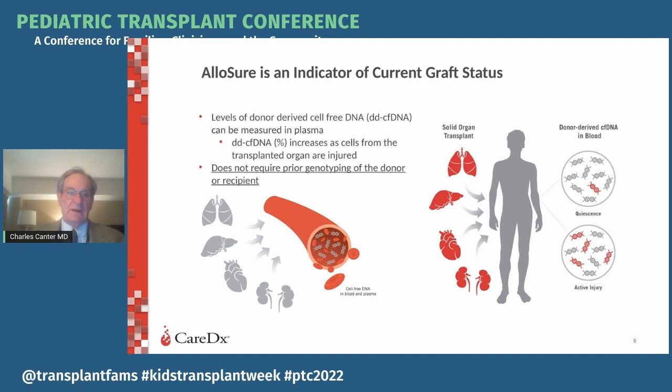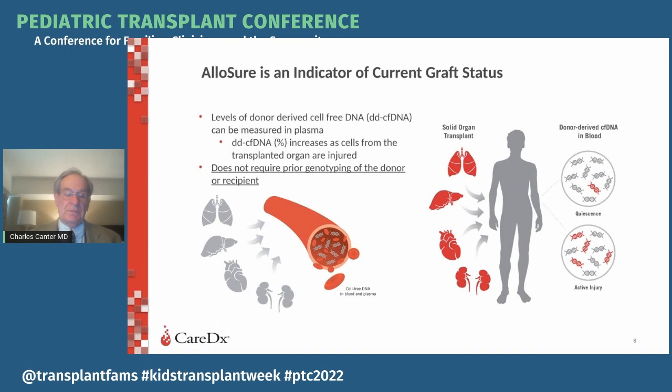So the next test is cell-free DNA, and CareDx markets both the AlloMap and now the AlloSure. And again, this uses donor-derived DNA that you find in the plasma. What happens when cells are injured, when the cell is destroyed, the DNA from that cell gets into the bloodstream.